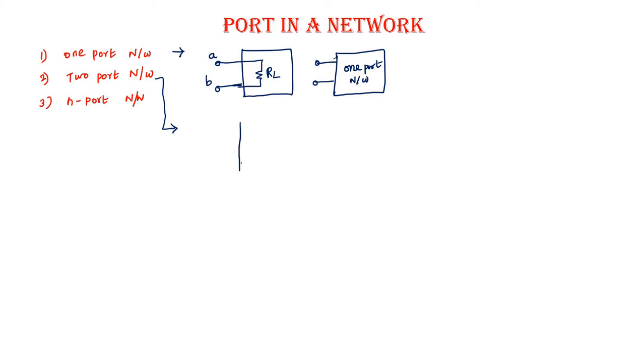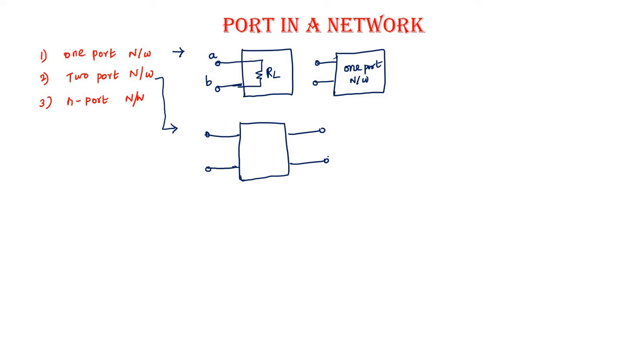Here the network is represented by a rectangular box. It consists of two pairs of terminals. Two pairs means four terminals. Here two terminals, and next we are having two terminals.